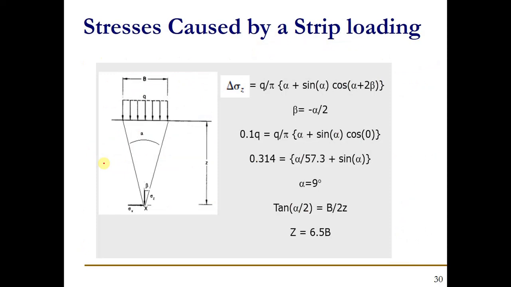Now, in case of strip loading, this is the stress increase. This is the pressure which is exerted here.